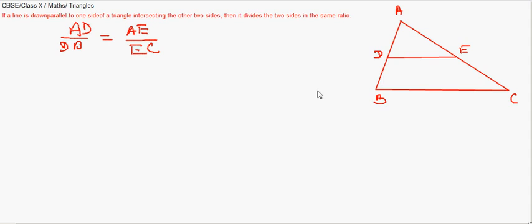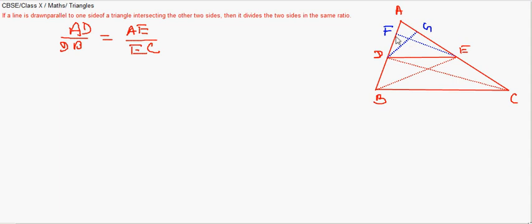Now to do so, we will join BE, we join D with C, and we draw a perpendicular from E to the line AD and a perpendicular to the line EA from D. So they would look like this, I'm drawing a perpendicular. This is F, EF and DG.